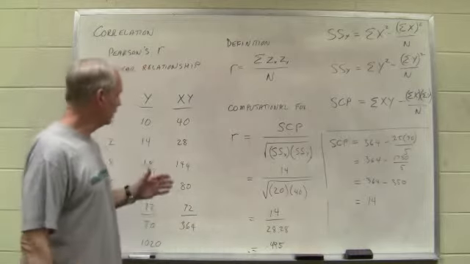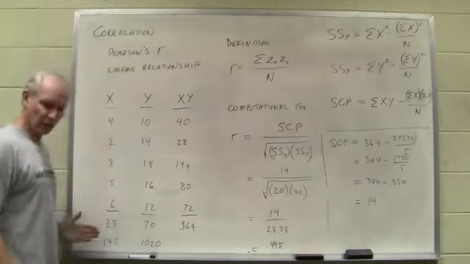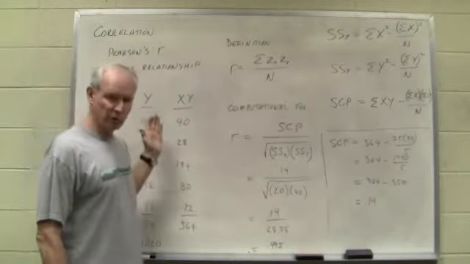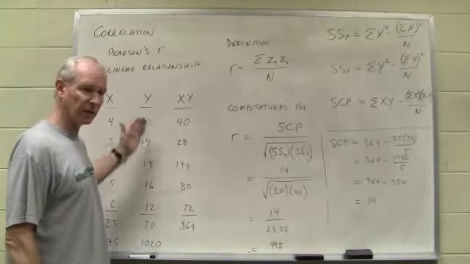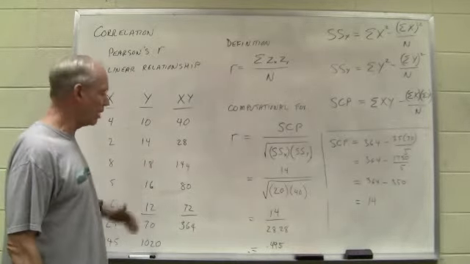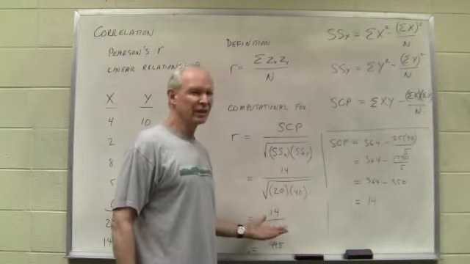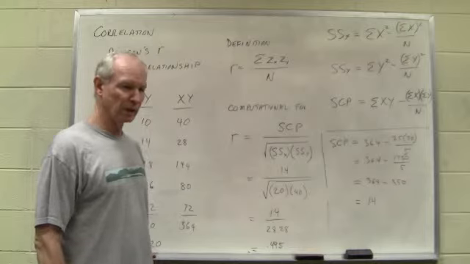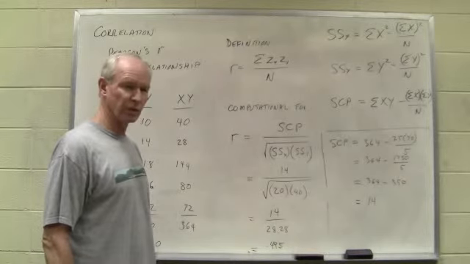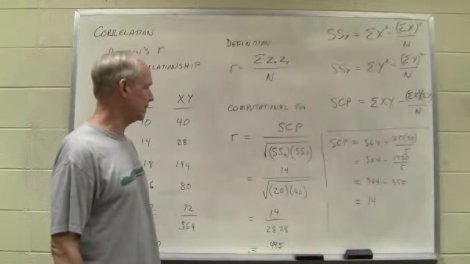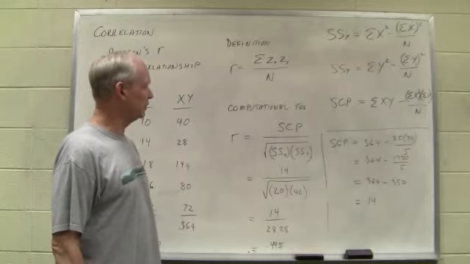Maybe we have some test score, we're calling the X's, and we hope to use that test score to predict some kind of later performance, a Y measure. A correlation of 0.495 would give us a little bit of an ability to predict Y scores if we knew the X scores ahead of time. But that's it for the calculations.